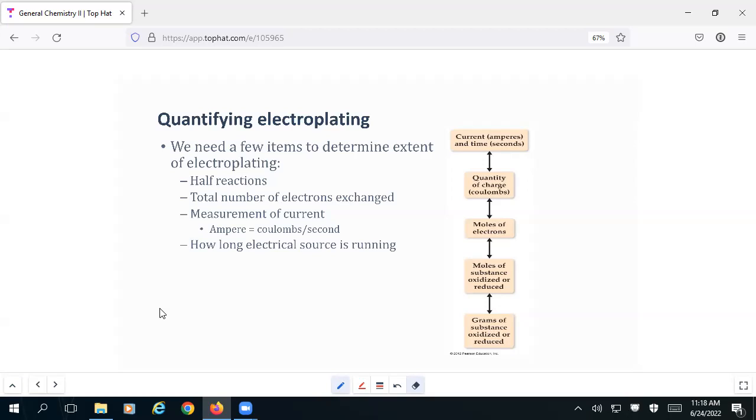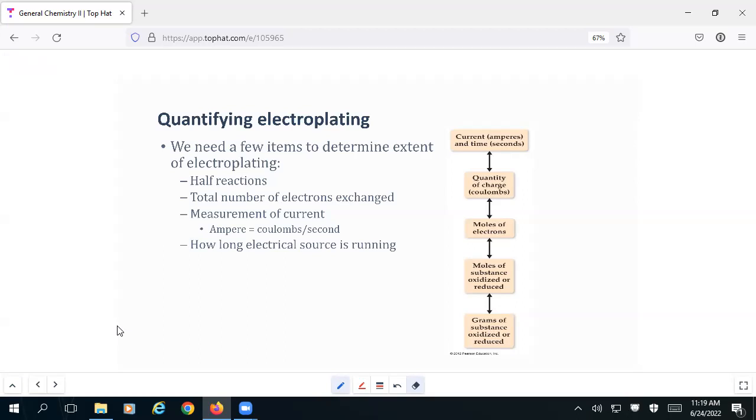And so the process that we go through is kind of this linear process where we need to know our current and our time. So that's the top window here. Or we need to know how much stuff we're going to deposit. And we can connect all of those dots through these other processes.